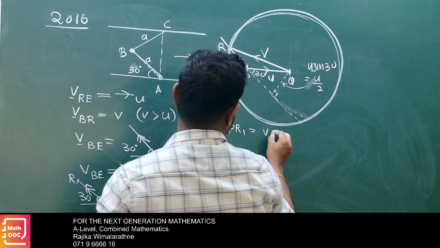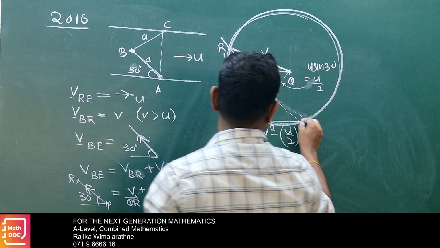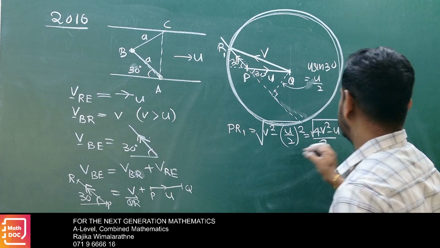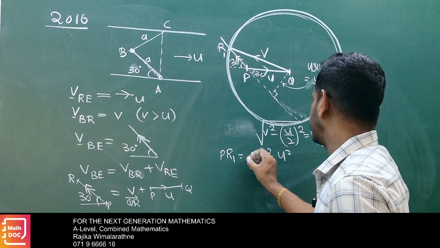Root of V squared minus U over 2 squared. Then root of V squared minus U squared, divided by 2. Then we have to subtract U cos 30. Then PR1.